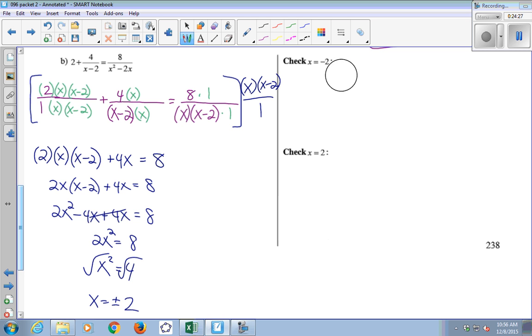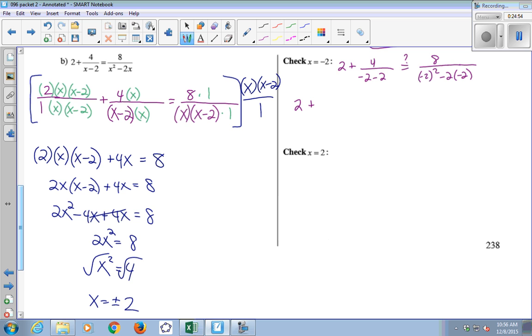So I have 2 plus 4 over negative 2 minus 2. Does that equal 8 over negative 2 squared minus 2 times negative 2? So this is 2 plus 4 over negative 2 minus 2, which is negative 4.